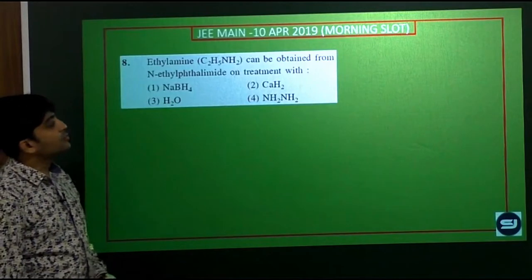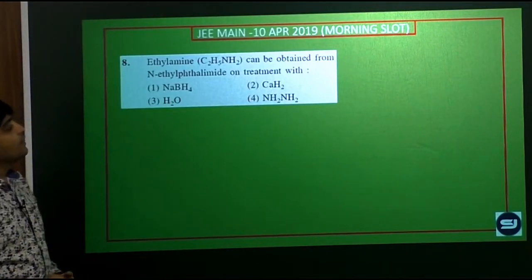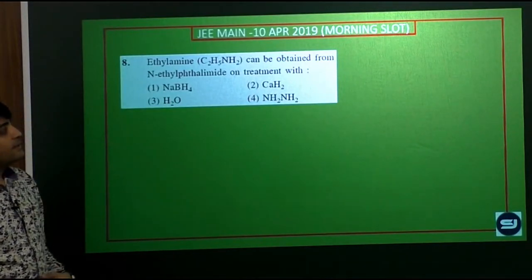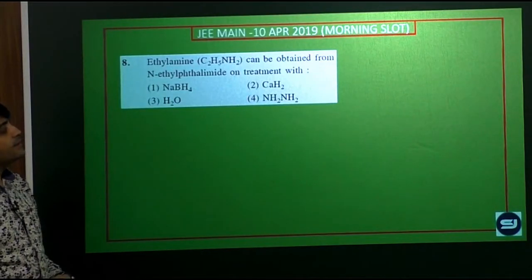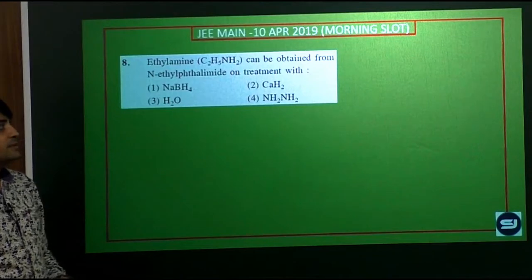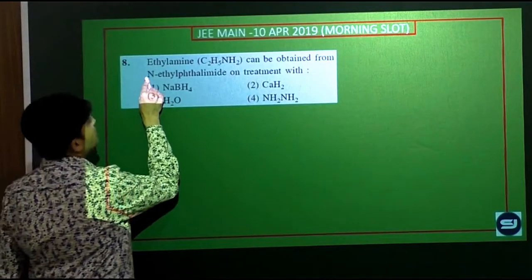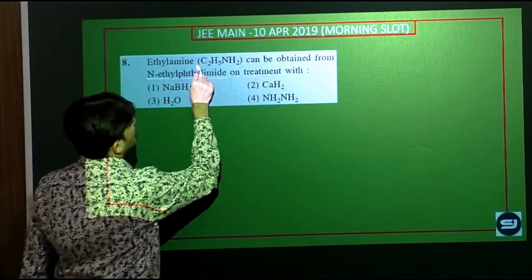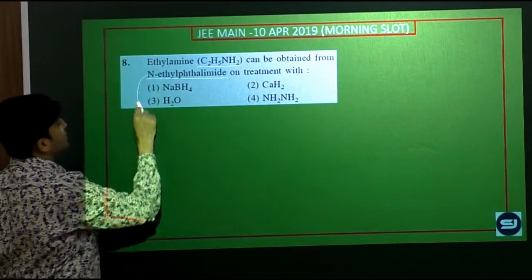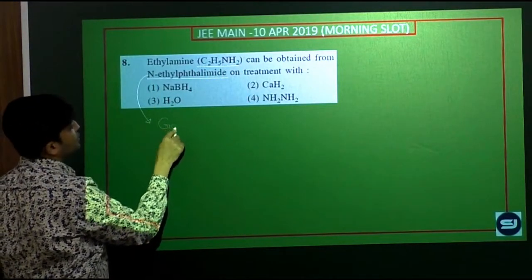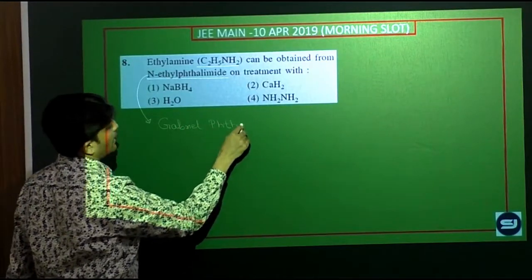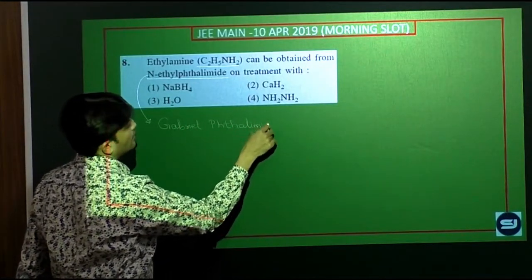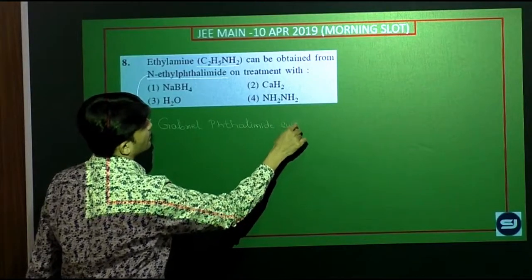Next is again a question from organic chemistry. Ethylamine C2H5NH2 can be obtained from N-ethyl phthalimide on treatment with? Now from the phthalimide, the amine is prepared by a named reaction called GPS, that's Gabriel phthalimide synthesis.